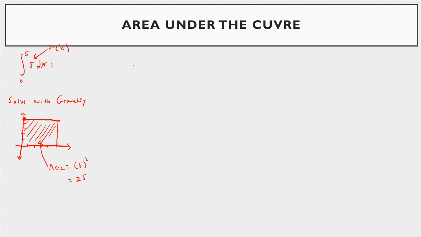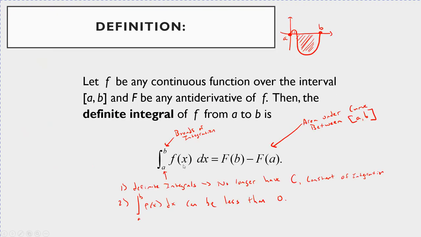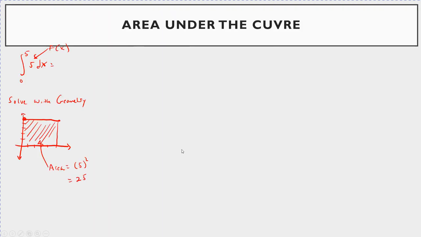Now I want to show you how to solve this using this definition right here. What's the antiderivative of 5? If you integrate this, you get 5x, and you're going to see me write it like this, evaluating from 0 to 5. What this means is you take the top bound and plug it in.